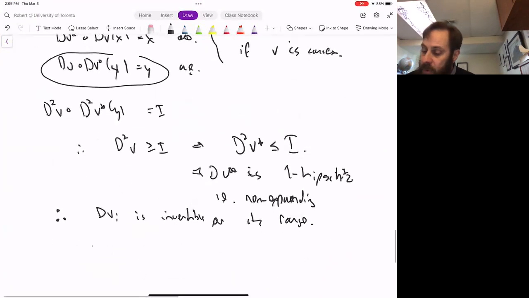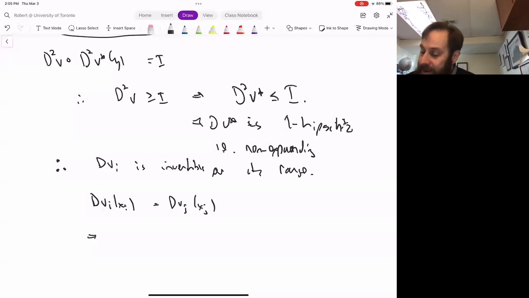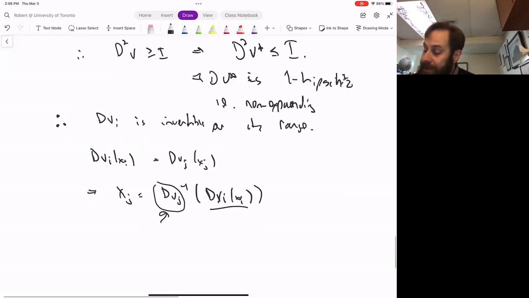And so when I have these equations like dvi of xi equals dvj of xj, that implies that I can write xj in the form dvj inverse of dvi of xi, where this is a nice Lipschitz map, and this is in its range, so I'm in good shape. In fact, this is a non-expanding map.